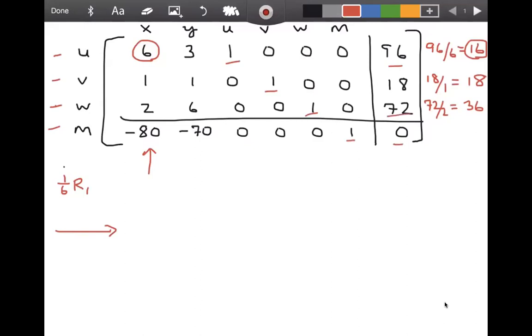Okay. All right. So after I pivot, one of those group 2 variables is going to change. So we'll see what happens there in just a second.